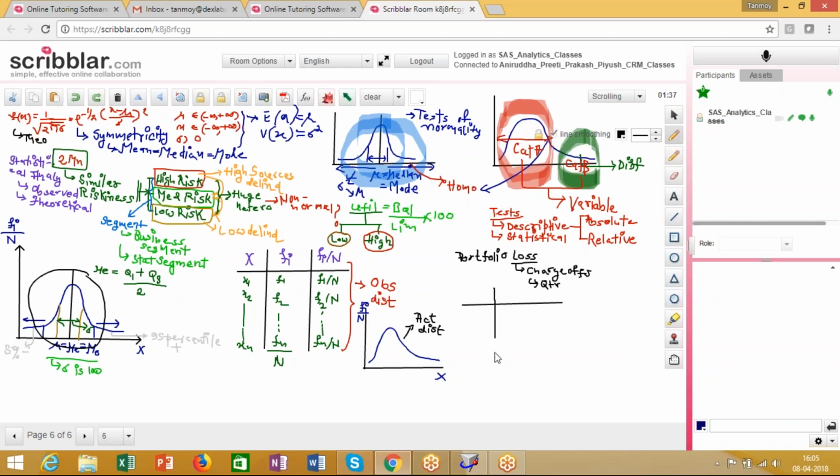Say, for example, there are these quarters, and from there you get these loss values, or these charge-off values as we call it.